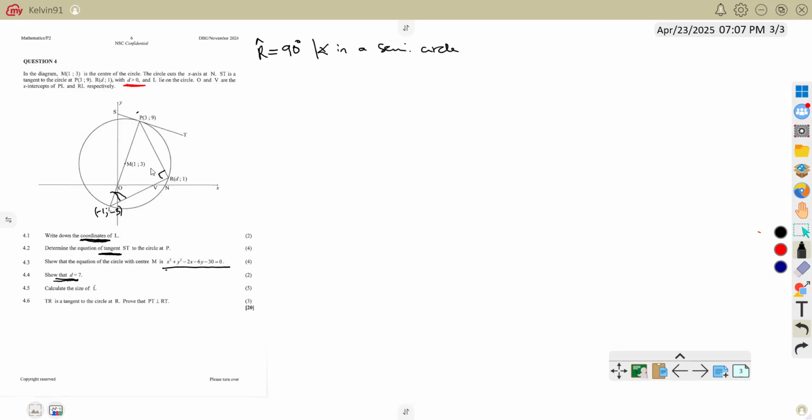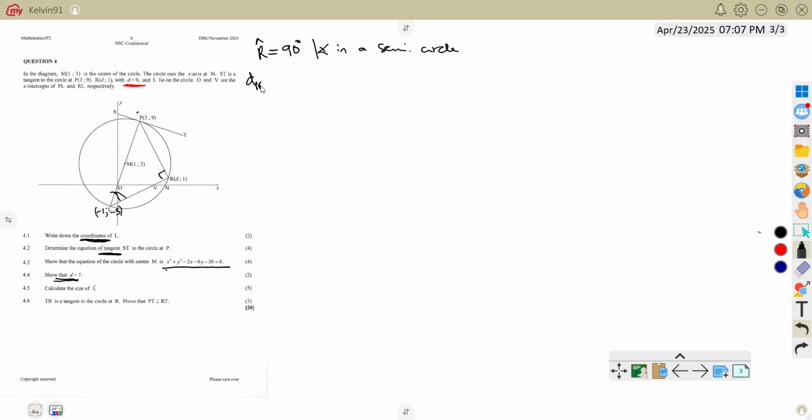Now, when we are dealing with right-angled triangles, we know we can calculate the sides by using Pythagoras theorem, or the angles by using SOHCAHTOA trig ratios. So in this case, we now have the coordinates of R, you have the coordinates of P, so you just have to calculate the distance of any two sides that you want. In this case, we can decide to calculate the length of PR. You can calculate the length of PR using the distance formula.